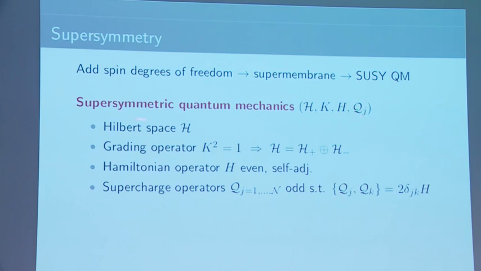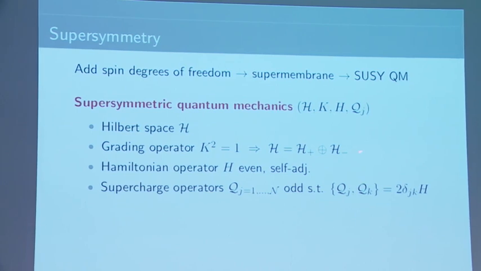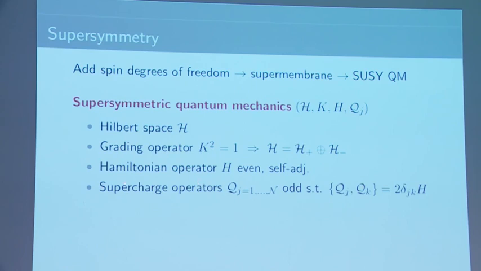The grading operator squares to 1, so you can split the Hilbert space into a positive and negative part, the eigenspaces of this, and you can term these the even sector and the odd sector. And then the Hamiltonian operator should be even with respect to this grading, so it should map even to even and odd to odd, and it should be a self-adjoint operator.